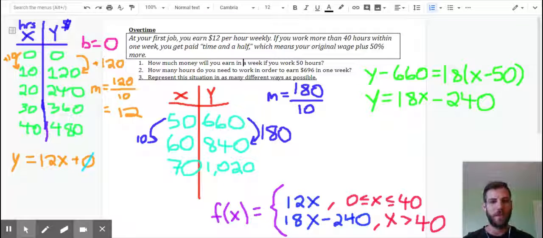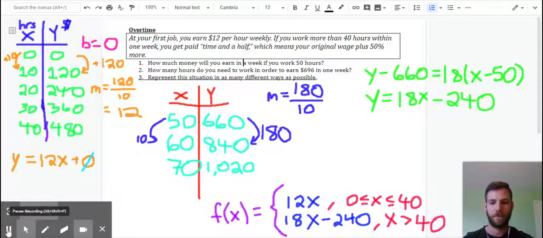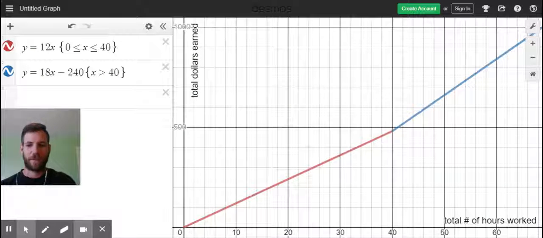All that's left to do is to look at the graphing portion of this scenario. I'm using this graphing application to display the graphical representation of this same word problem. I've put my two equations, y equals 12x and y equals 18x minus 240, up at the top left.